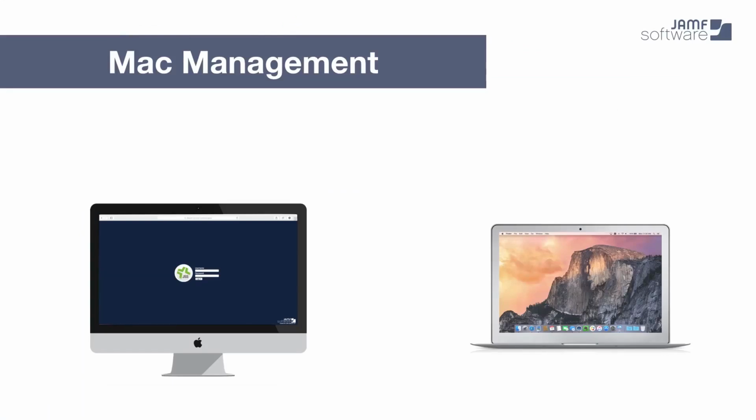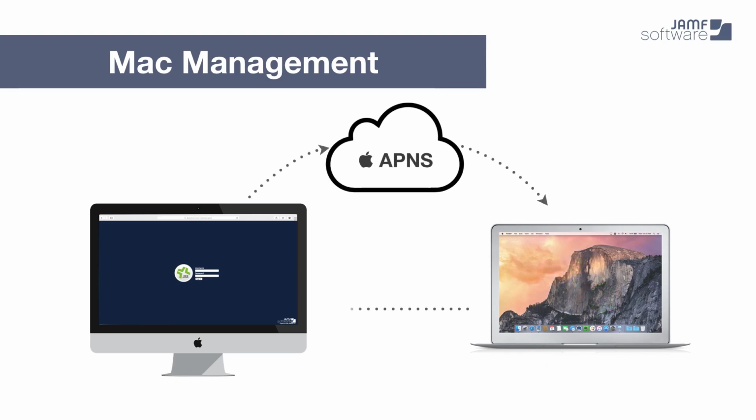Mac management is really similar to managing iOS devices in the fact that it also uses the mobile device management architecture. After enrollment, communication happens again via the APNS server, and profiles are pushed to the Mac for various settings.